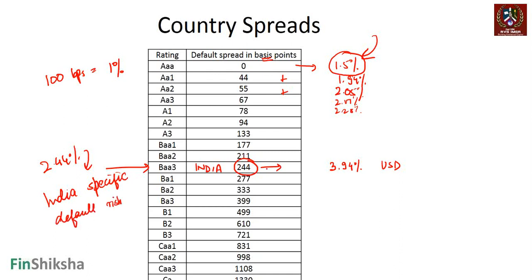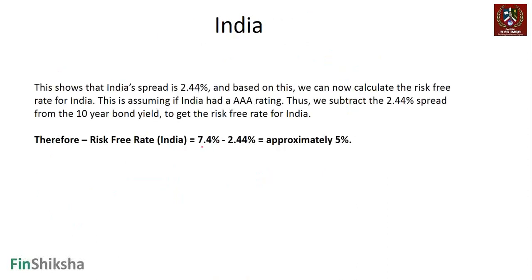So if I subtract this from the current 10-year zero coupon INR bond yield, which is 7.4%. Remember, this is for Baa3. Even in local currency, our rating is this. We subtract this spread, and what we get should be approximately AAA in INR.